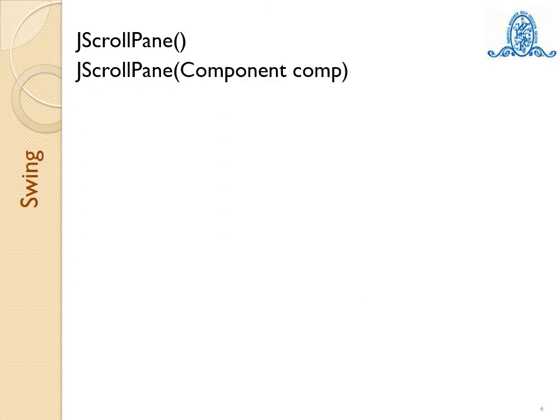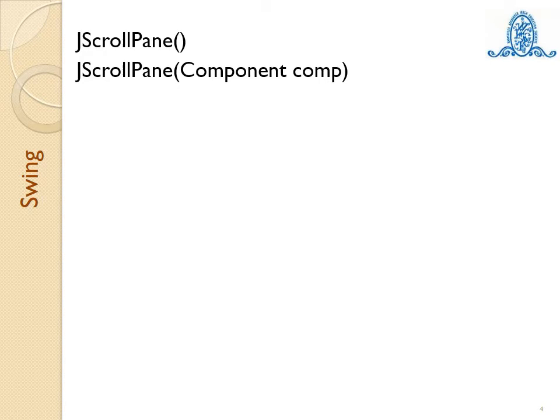Now let us see the different constructors of JScrollPane. The first constructor is the default constructor. It will create only the blank rectangular area. The second constructor consists of a single parameter, which is component com.